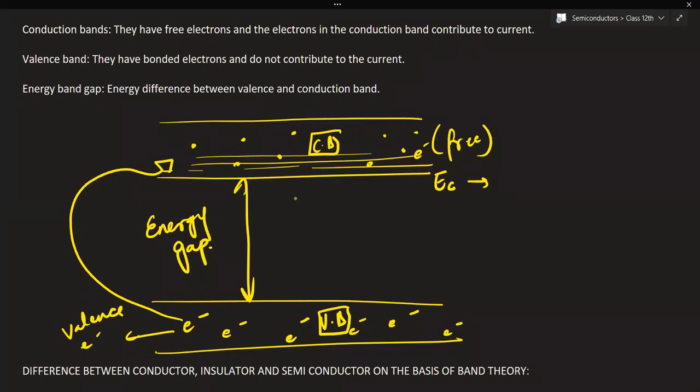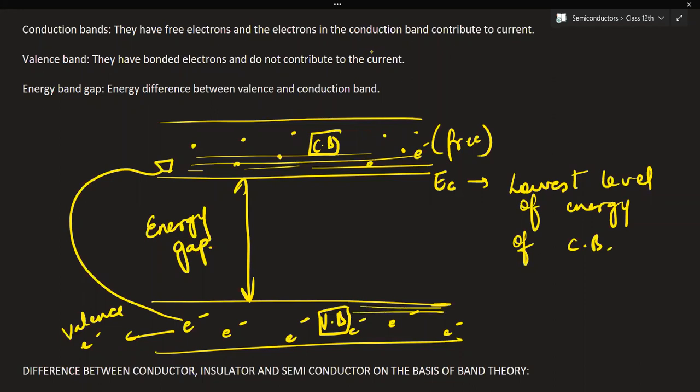The first one that you observe is the lowest energy level of the conduction band. Likewise, here also there will be energy states. This one is the top energy level of the valence band.